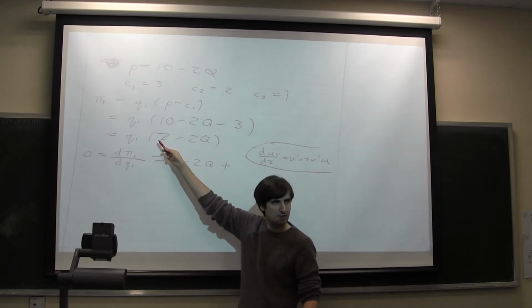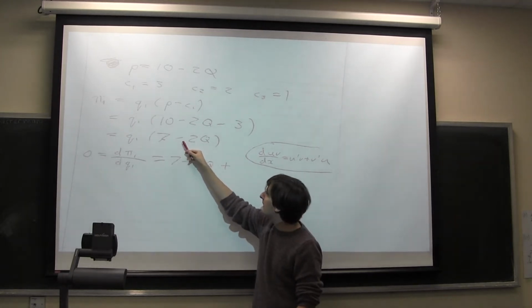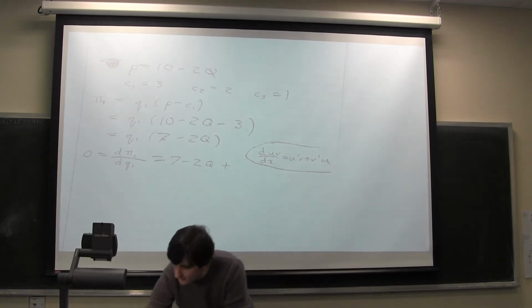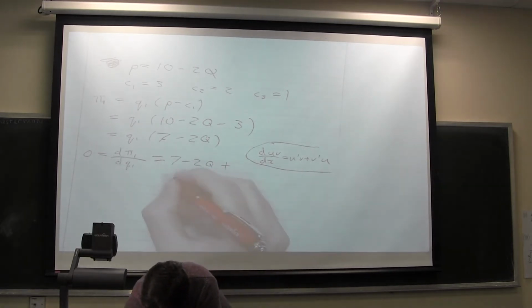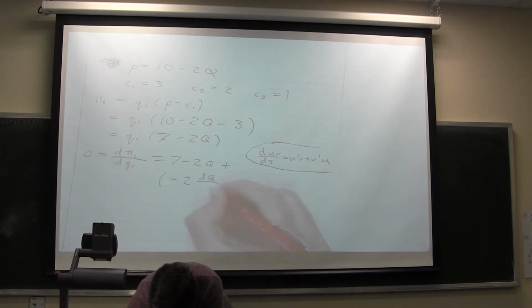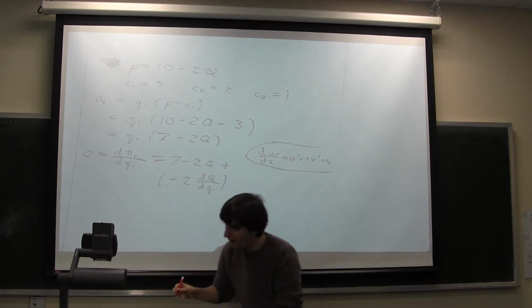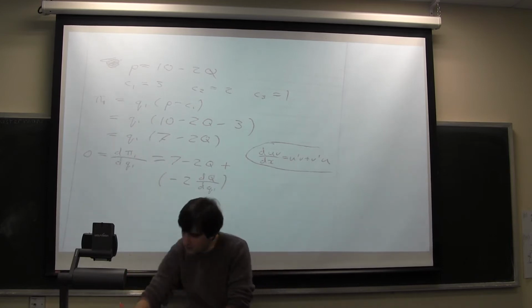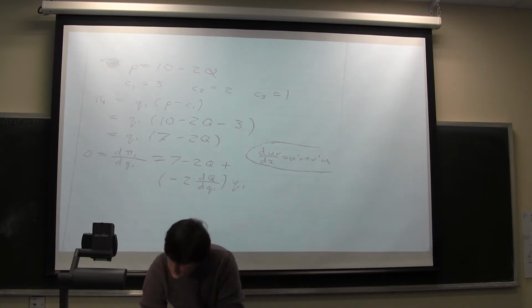Well, the derivative of a constant is 0, so it's going to be minus 2 times the derivative of big Q with respect to q1, all times u, which is q1.